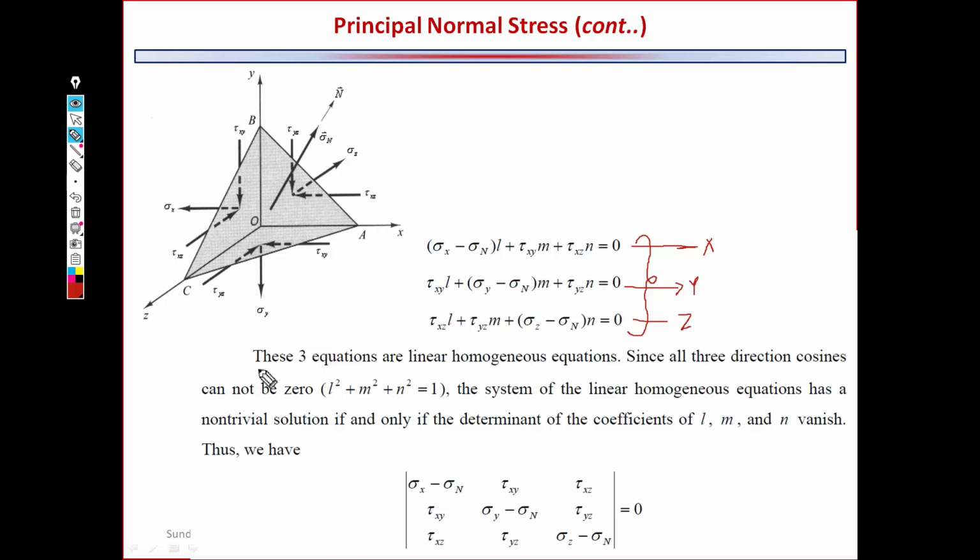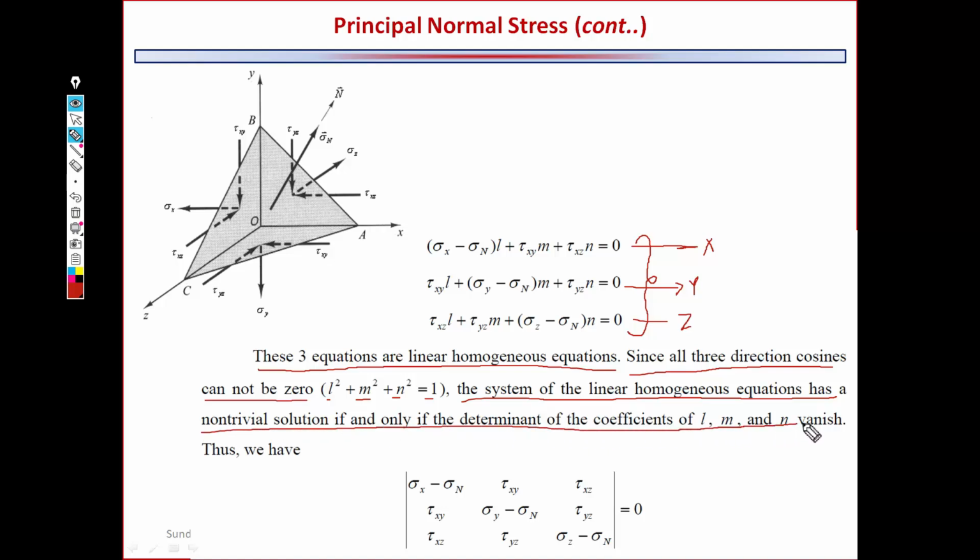These three equations are linear homogeneous equations, since all three direction cosines are not zero. We know the property of direction cosines: l square plus m square plus n square is equal to 1, or cos square alpha plus cos square beta plus cos square gamma is equal to 1. A system of linear homogeneous equations has a non-trivial solution if and only if the determinant of the coefficients l, m and n vanishes.